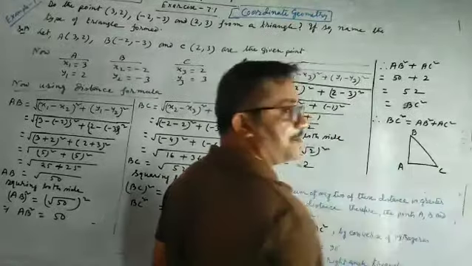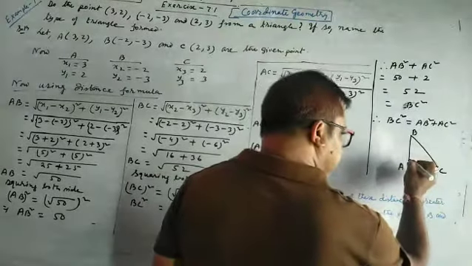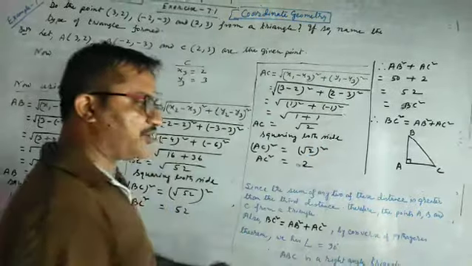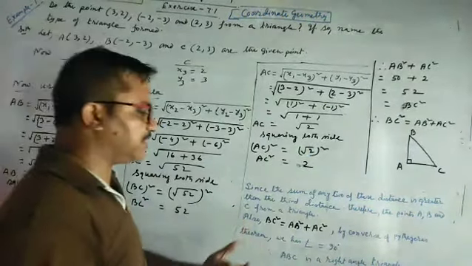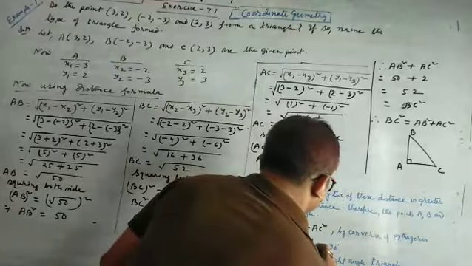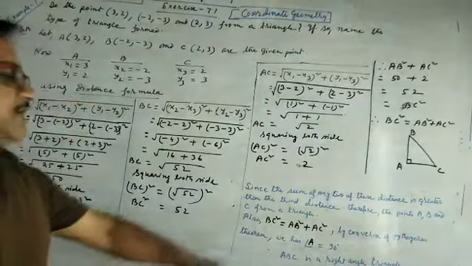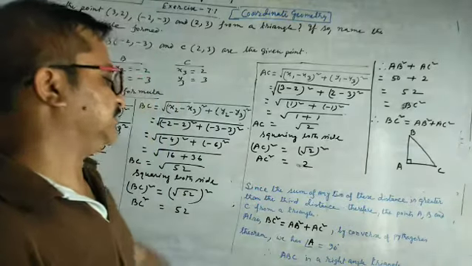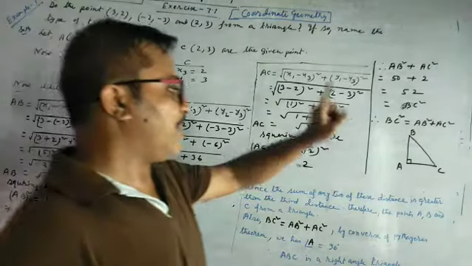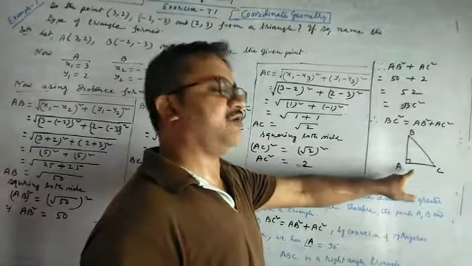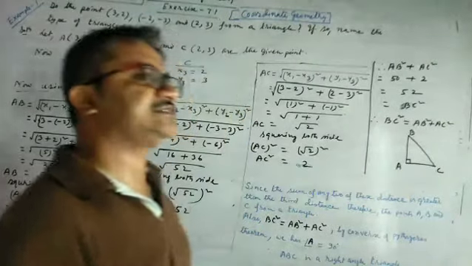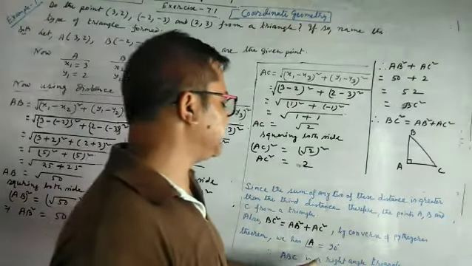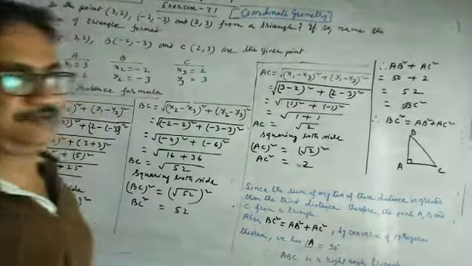So BC is the hypotenuse. The opposite angle of BC, that is angle A, is 90 degrees according to the converse theorem of Pythagoras. So we have angle A 90 degrees. If one angle of a triangle is 90 degrees, then this triangle forms a right angle triangle. So therefore ABC is a right angle triangle.